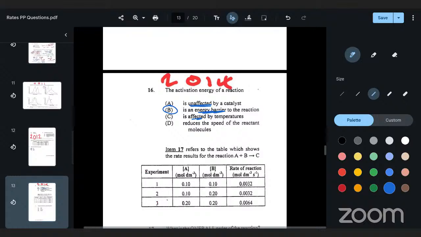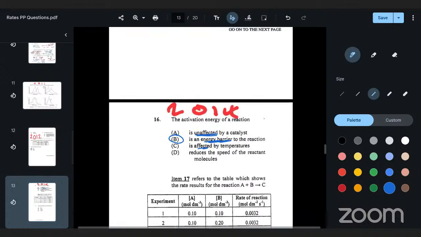For molecules to actually react, they have to collide with a certain amount of energy. So not every collision will lead to a reaction. There's a specific amount of energy that is needed.